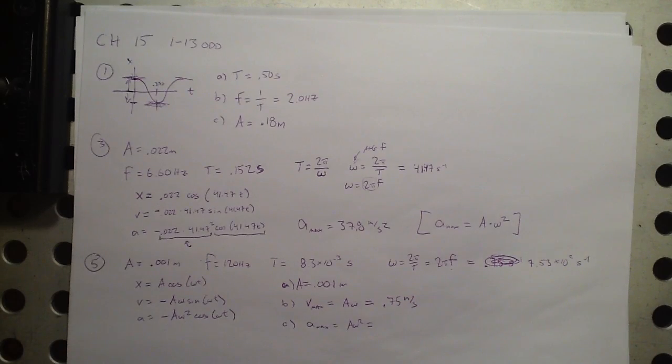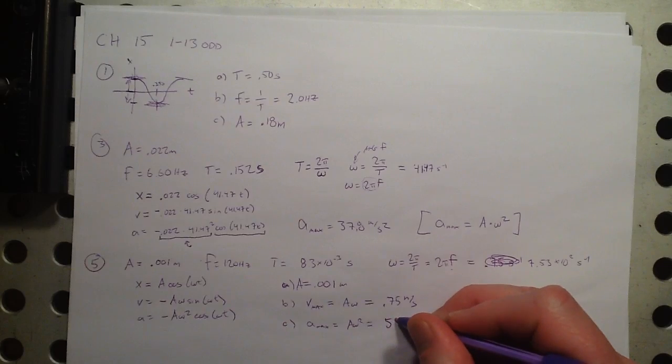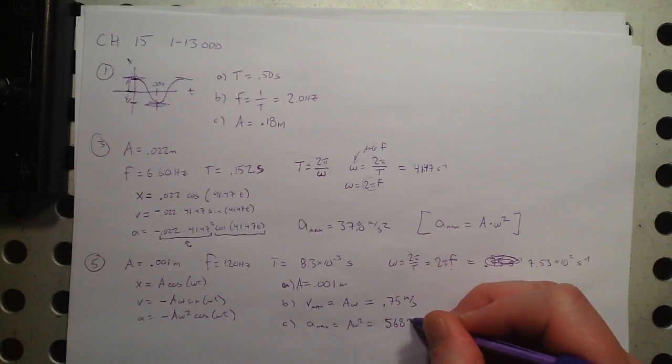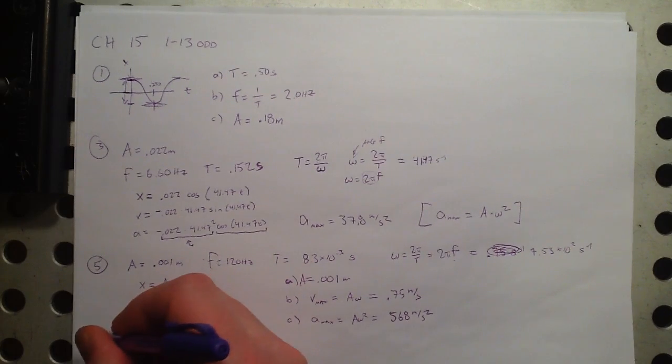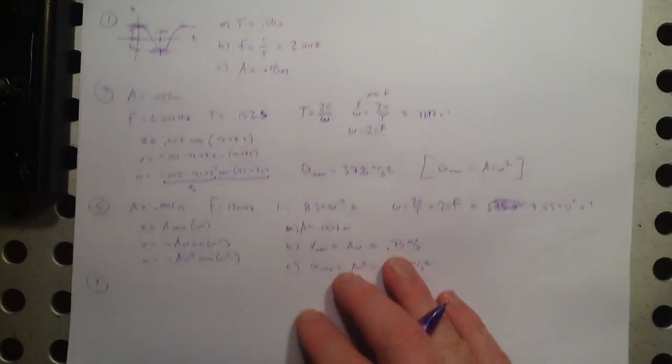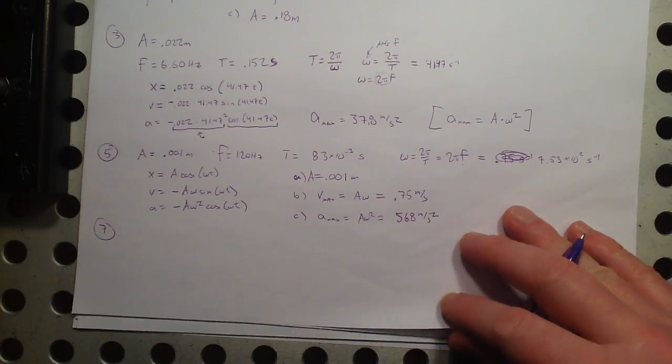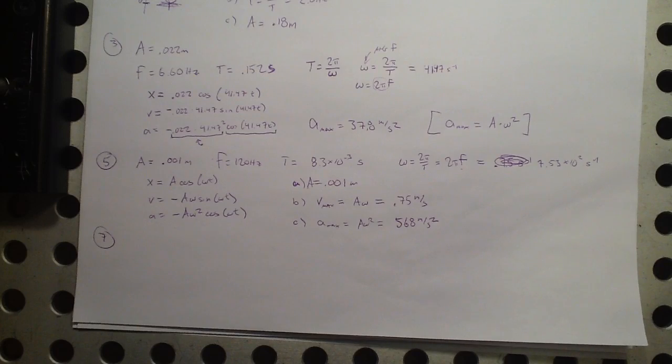And that's just multiply that same number by another omega, which is 753, and that gives me 568 or so meters per second squared. Right? Not too bad.